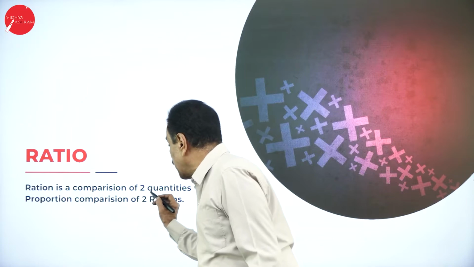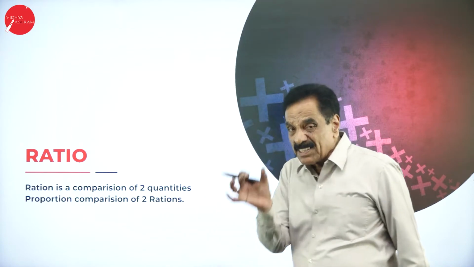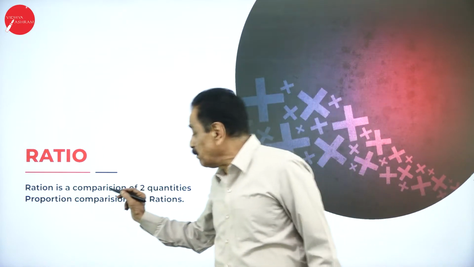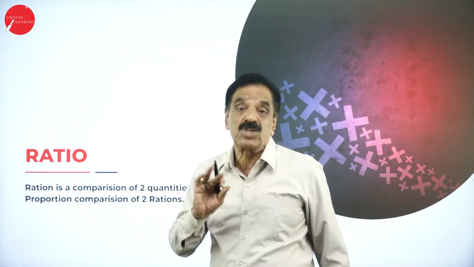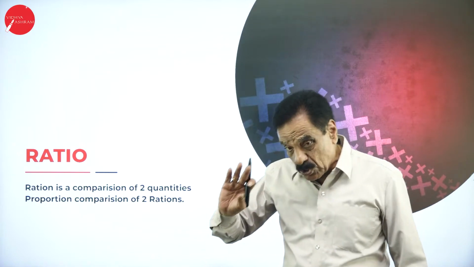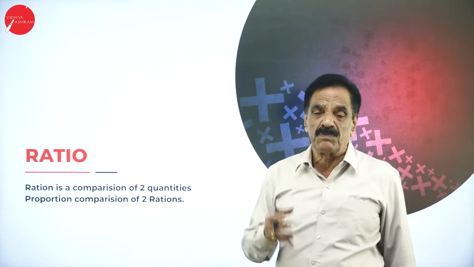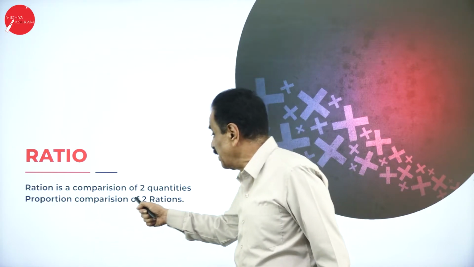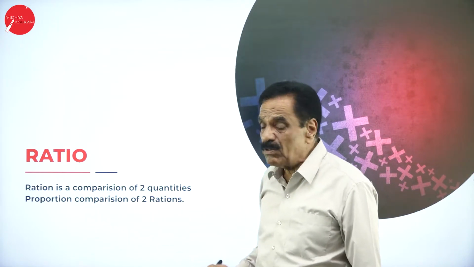Ratio is a comparison of two quantities. Same quantity had been compared. It is called ratio. Proportion is a comparison of two ratios. What is ratio?